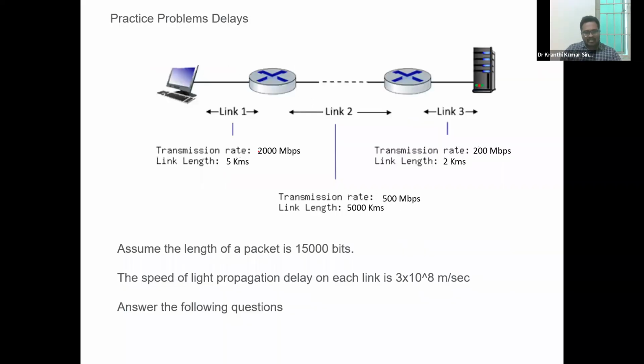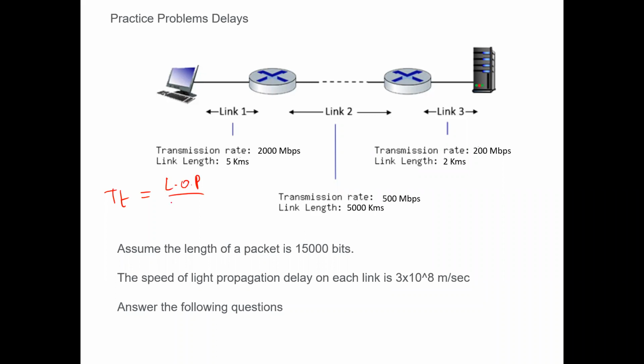So here link 1 capacity is 2000 Mbps, and link length is 5 kilometers. For example, I want to calculate transmission delay. What is the formula for transmission delay? Length of the packet divided by the bandwidth of the channel.